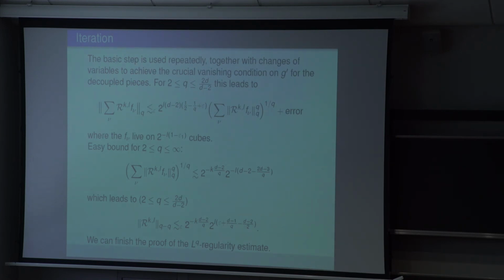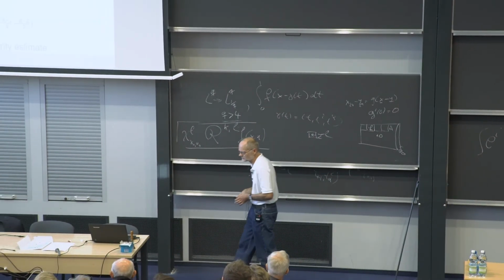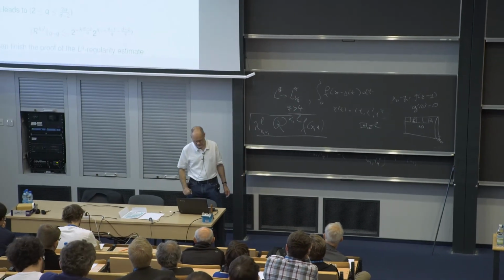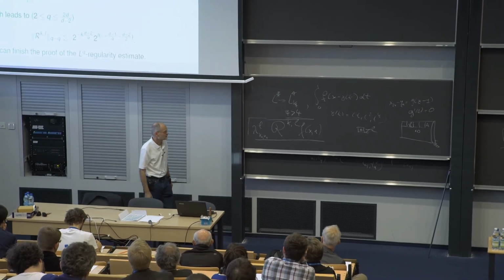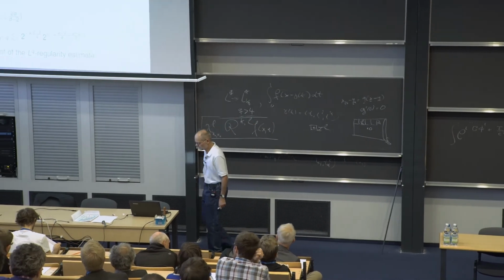Okay, so this basic step is now iterated. Once you have decoupled, then you change variables to create the crucial cancellation condition, and then you iterate, and you end up with an estimate, where we take now a big cube.